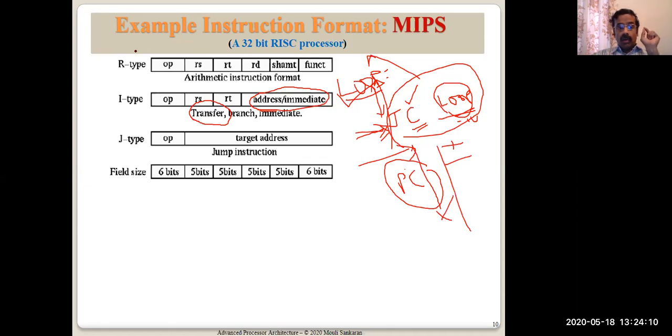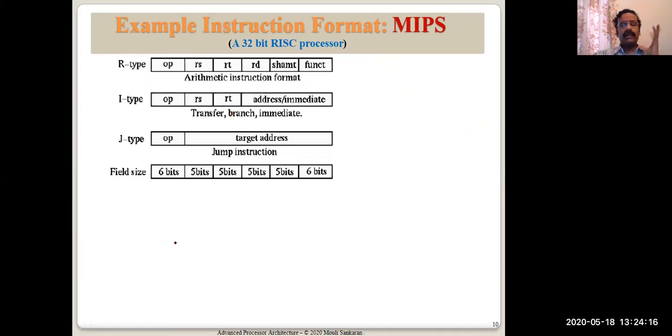So if you want to understand this, you have to have a clear idea of what the assembly instructions are and what they do. That is required. So there is immediate constant you may have, or jump to some other value. This is transfer, immediate constant transfer or a branch, which also comes under this category, and then jump instructions come under another category.